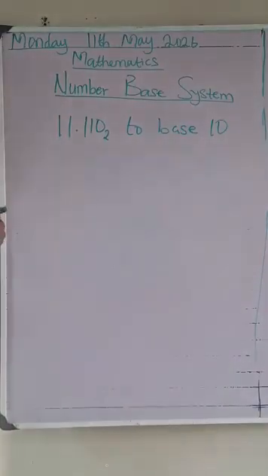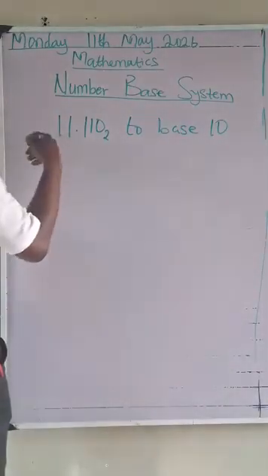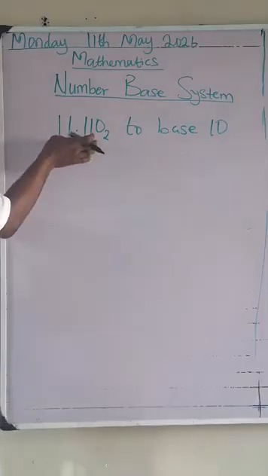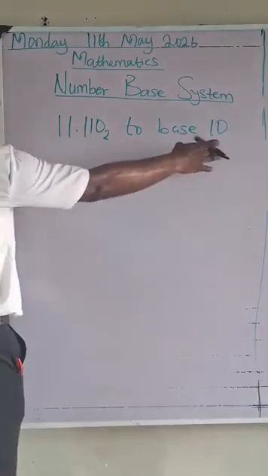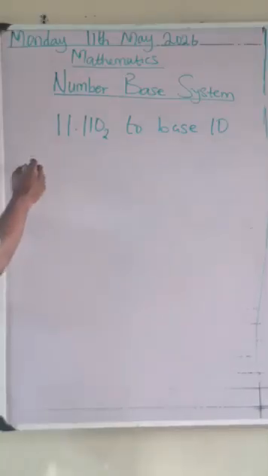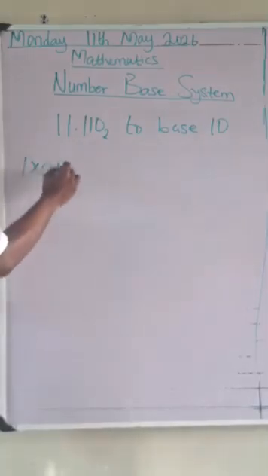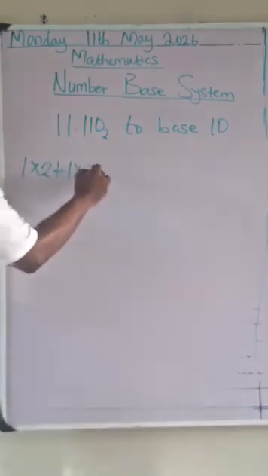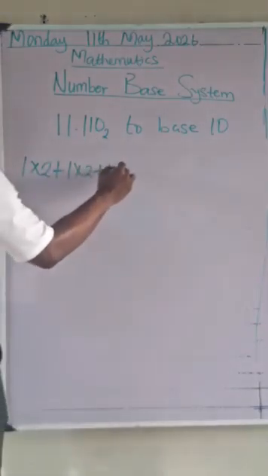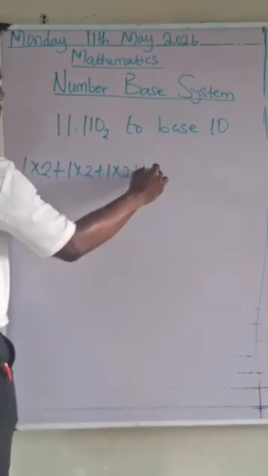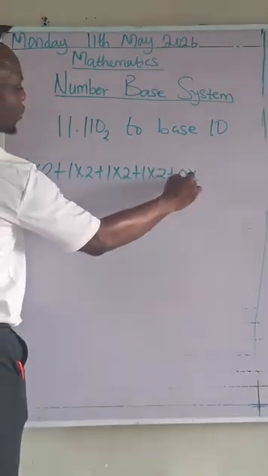Now what do you do? You still use expansion notation, because you're converting from base 2, or from any base, to base 10. The expansion notation says this one times the base plus 1 times the base plus 1 times the base plus 1 times the base plus 0 times the base.